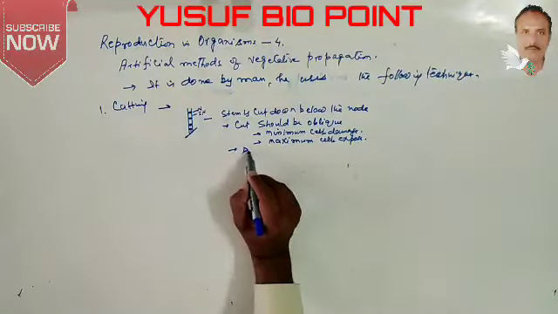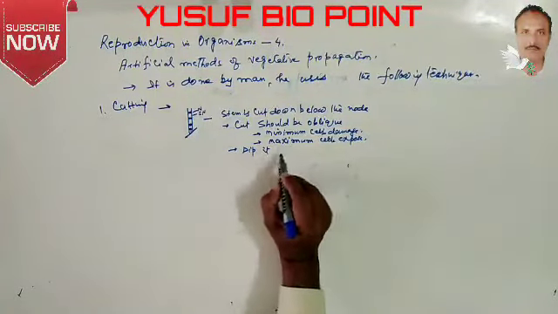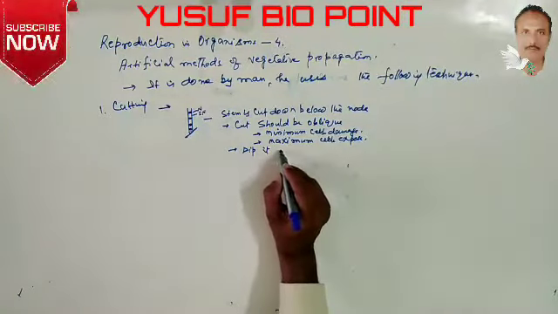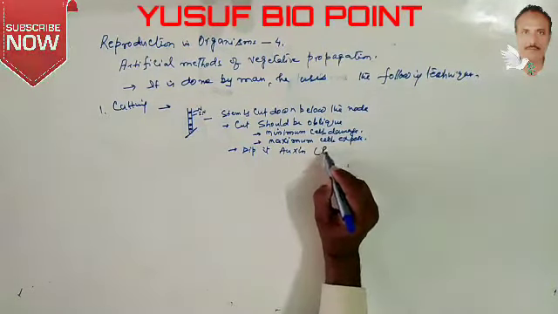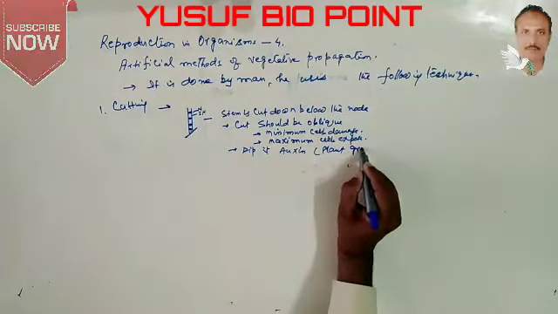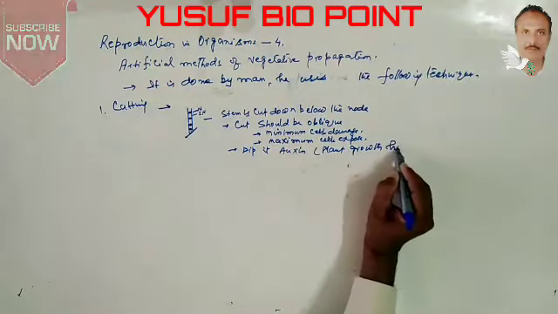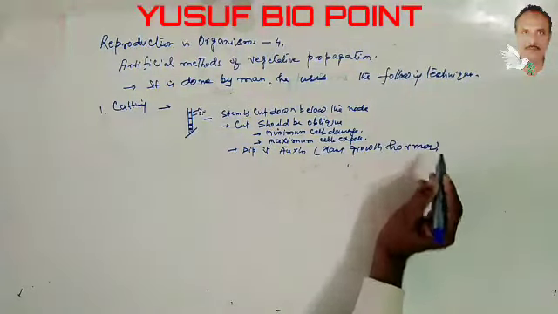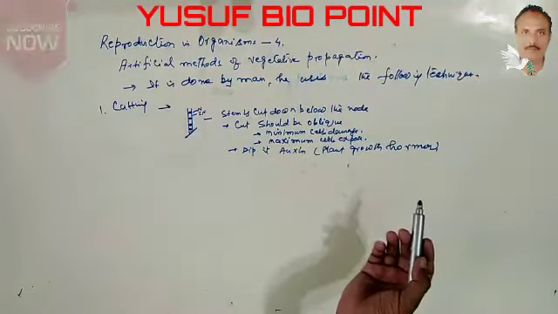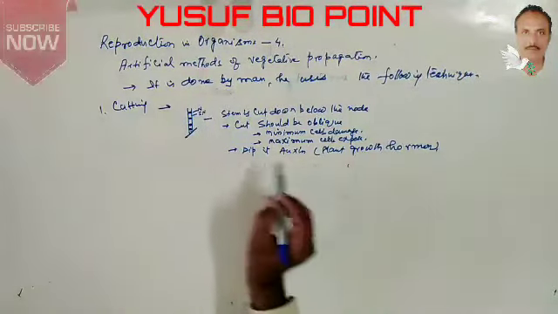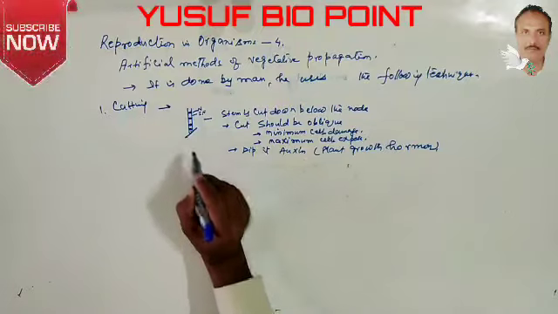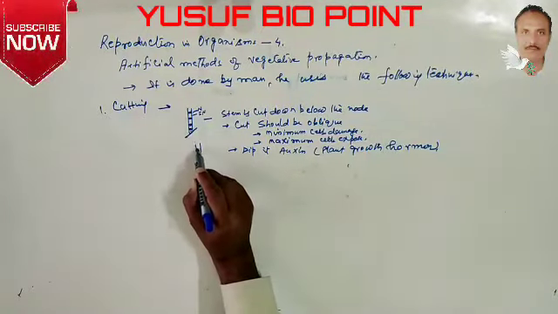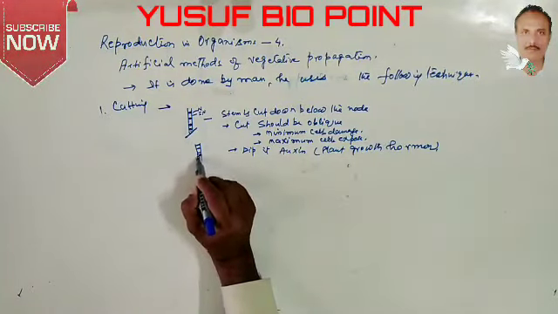Now dip it in auxin, which is a plant growth hormone. It is also called phytohormones. So after some days we will see that from the cutting ends the roots are developed.